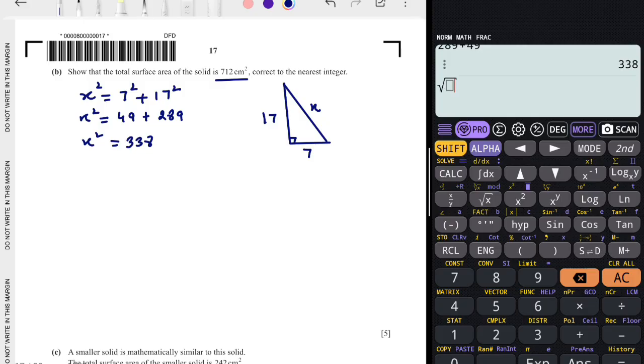So taking the square root, the slant height is equal to 18.38.